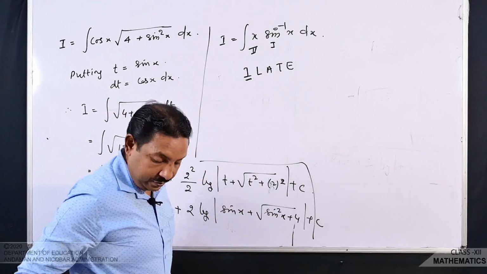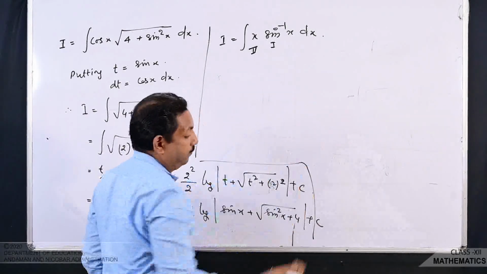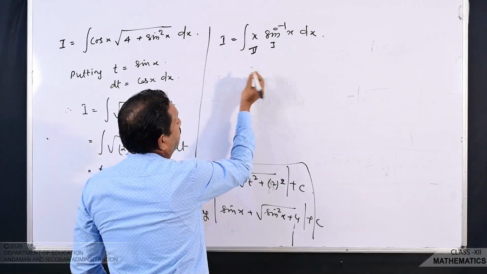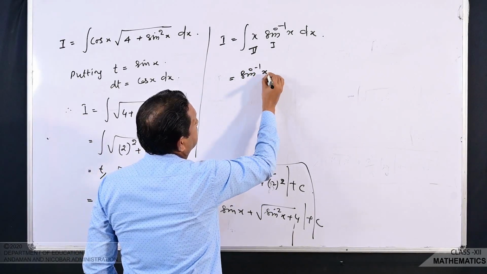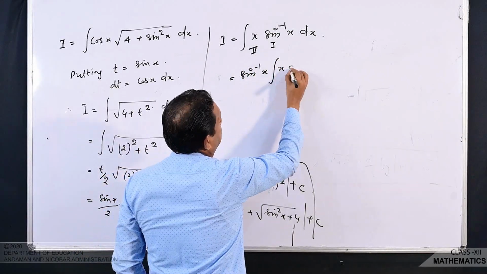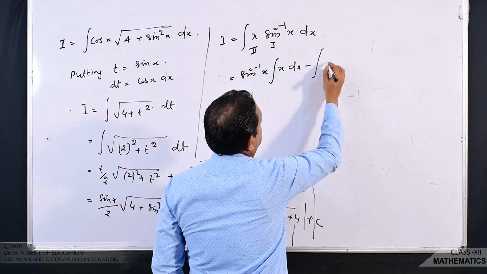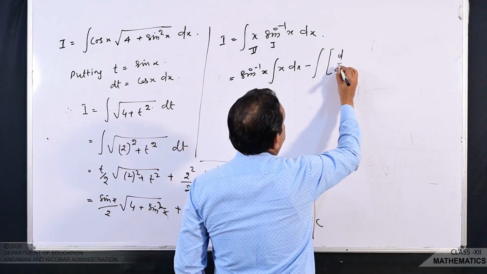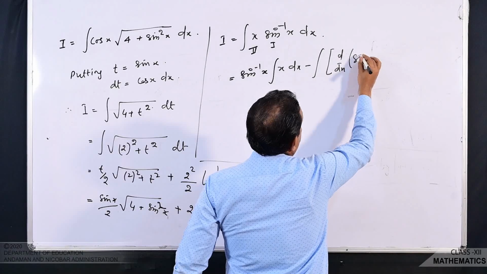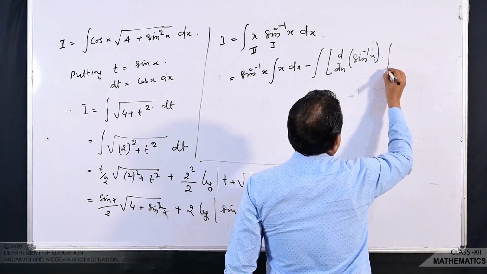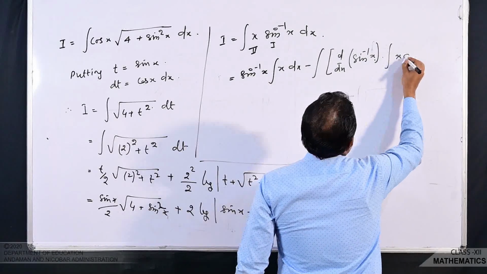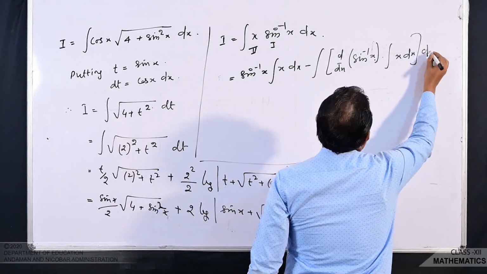So, integrating by parts, that means first function, that is sin inverse of x, integration of x dx, minus the integration of the derivative of sin inverse of x, and then the integration of x dx is closed here.